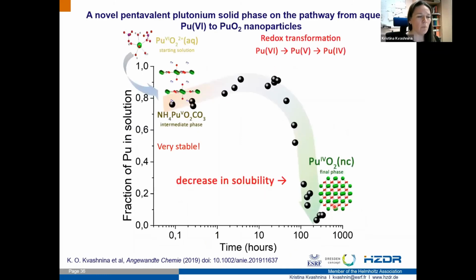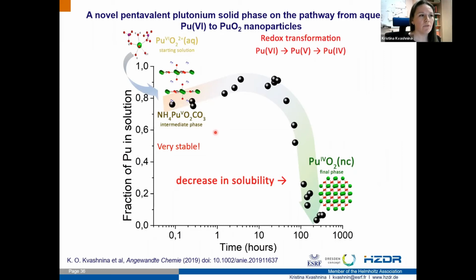But why was this experiment at the synchrotron important for the chemistry of plutonium? First of all, we confirmed that the redox transformation from plutonium-6 goes through plutonium-5 first and then plutonium-4. Additionally, the intermediate phase which we form is a pentavalent intermediate phase, and it is a solid phase.